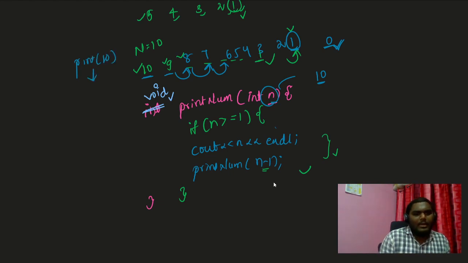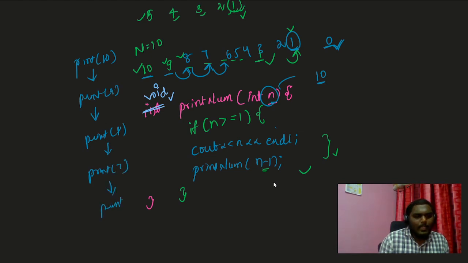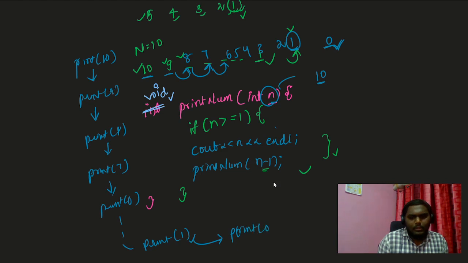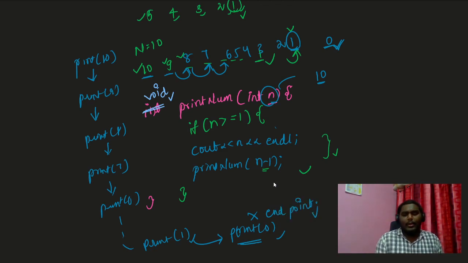From that print 10 you have called 9, from that 9 you have called 8, from that 8 you have called 7, then 6, and so on until print 1. After print 1 you will call print 0 and you will stop here. This is your end point.